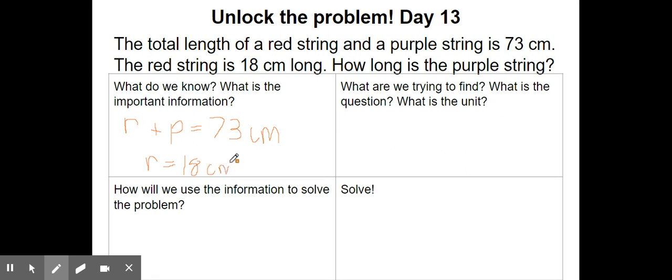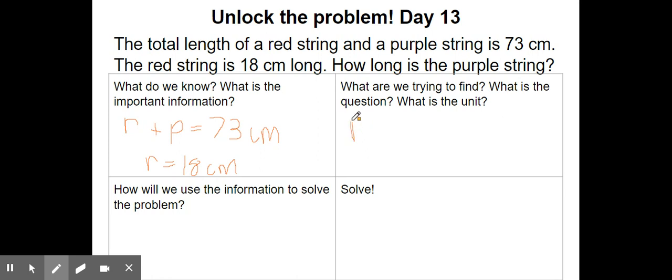Now let's look at the next question. What are we trying to find? What is the question? What is the unit? Take a minute to think. You can pause the video while you think about what the question is asking. The question is asking, how long is the purple string?